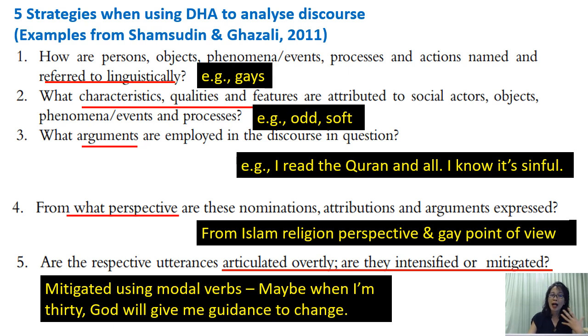Number 3, what arguments are employed in the discourse in question? One of them said, I read the Quran and all, and I know it's sinful, so the argument is religious. Number 4, from what perspective are these nominations, attributions, and arguments expressed? Here, it is from the Islam religion perspective and from the gay point of view, because the people interviewed are gays, and they are speaking of their experience and viewpoints.